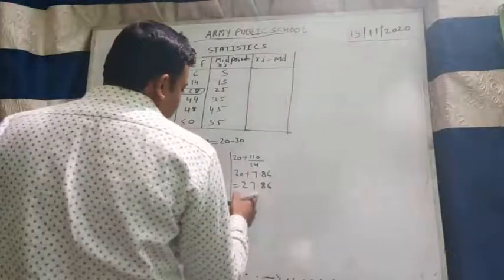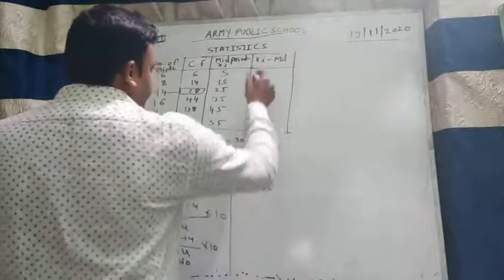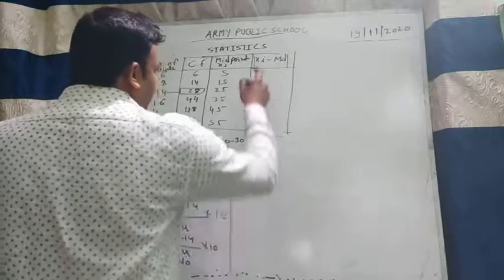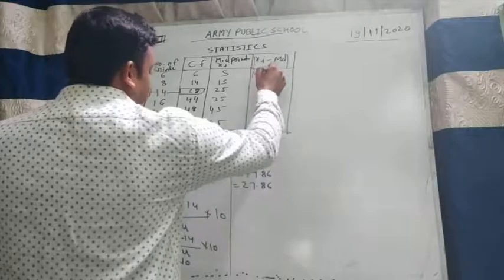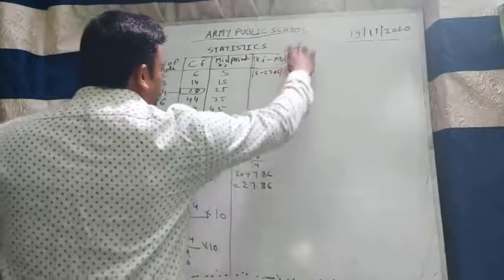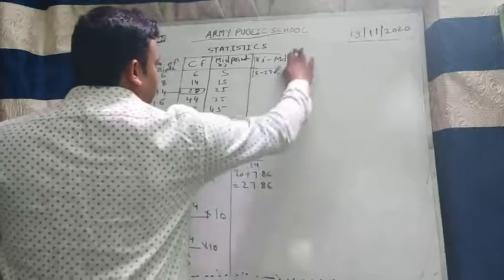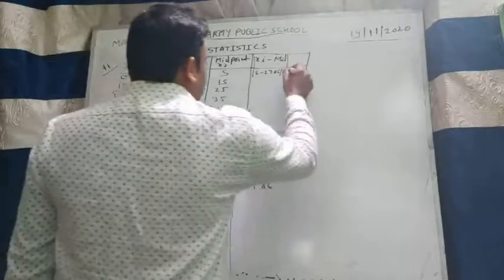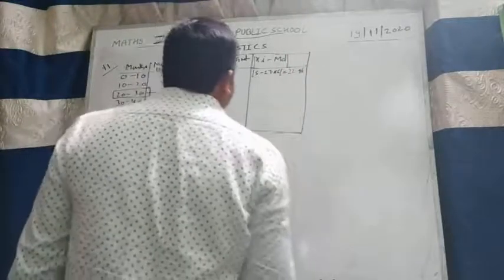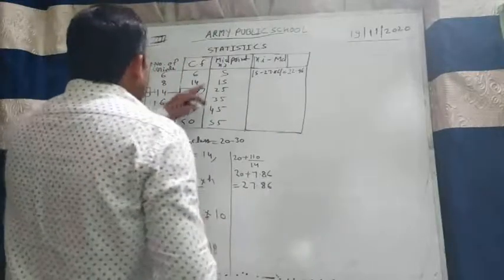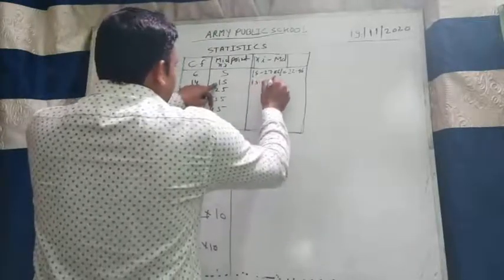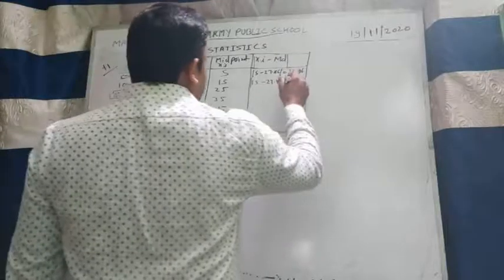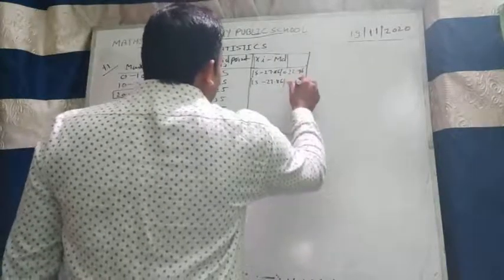Now 5 minus 27.86 means 22.86. Now next is 15 minus 27.86. We get 12.86.